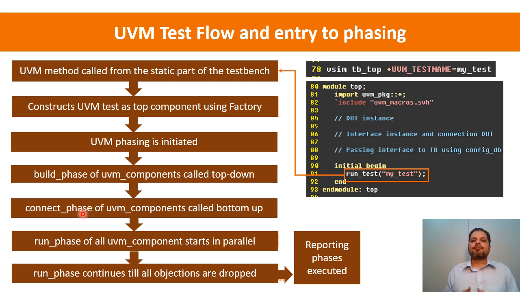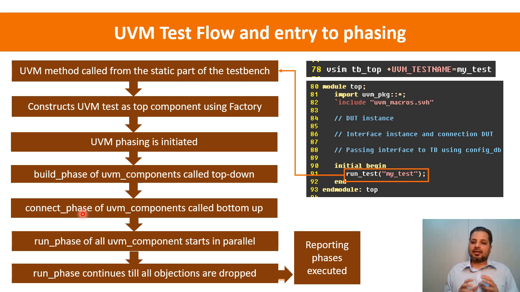That is where the objection mechanism has been provided. The objection mechanism is only applicable to task phases, and the only task phase is the run phase. We call them task phases because we have those 12 subphases as well, but in essence it's the run phase. So you raise the objection and you drop the objection.